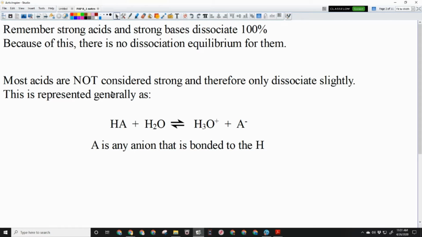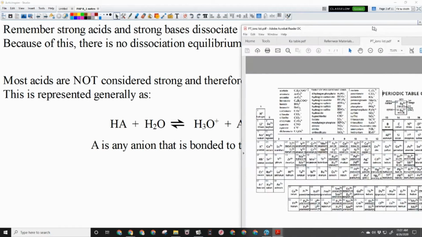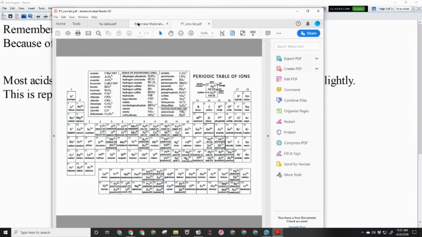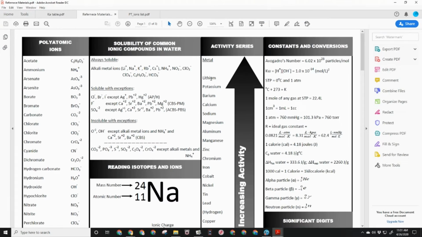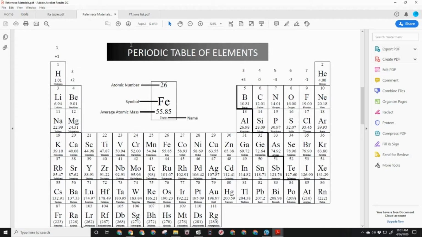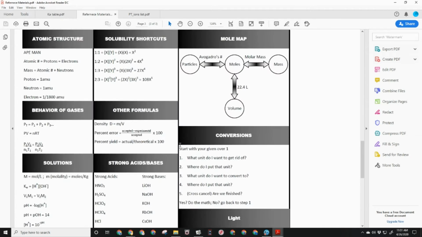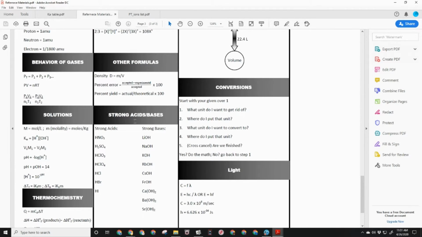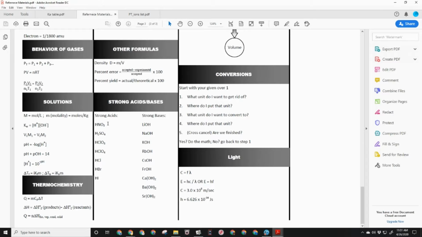So remember, strong acids and strong bases dissociate 100%. I'm going to drag over our reference materials and remind you that there is a list for those, right here, strong acids and strong bases. If it's listed on this list, that's a strong acid. Over here, strong bases.